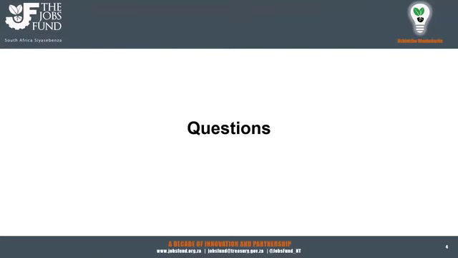Thanks, Vuyo. On the minimum values, it's going to be a bit of a long answer, but bear with me. If you're applying in the enterprise development or support for work seeker windows, the minimum project value should be 20 million if you are not an NGO, and 15 million if you are an NGO.